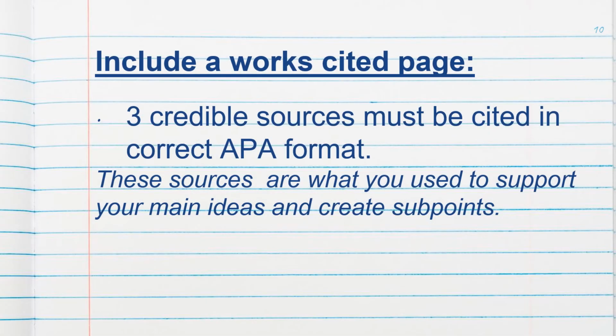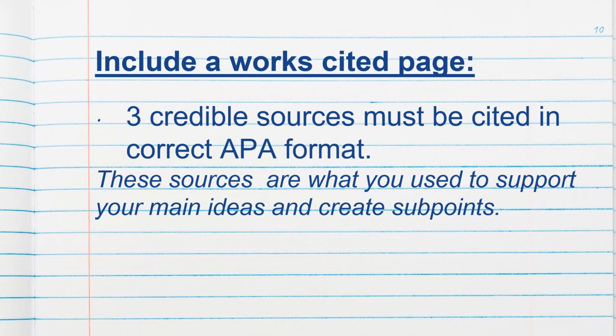After you've completed your outline, you will need to include a works cited page along with your preparation outline. Please remember that 3 credible sources must be cited in correct APA format on that works cited page. Most students use more than 3 sources, but 3 sources is the absolute minimum.